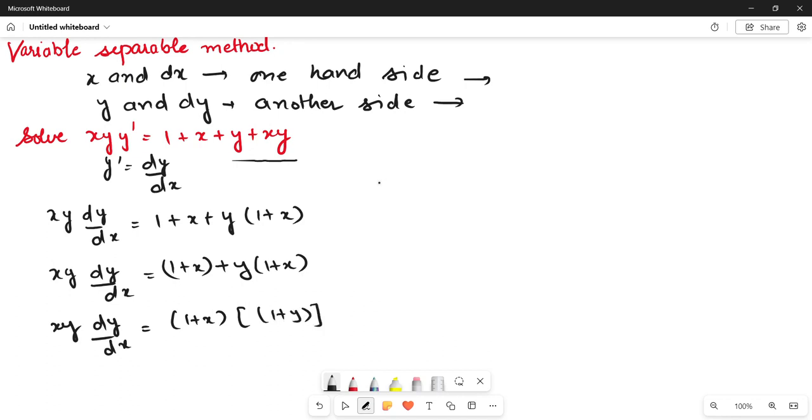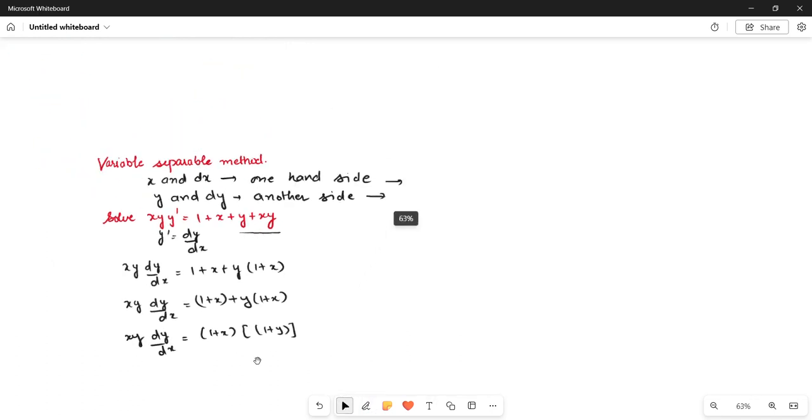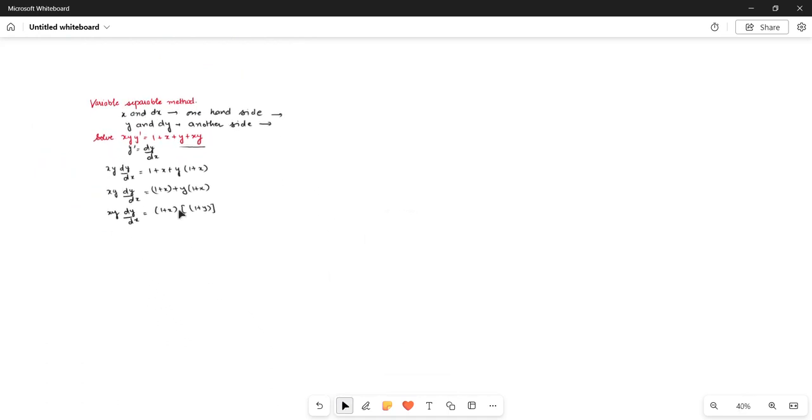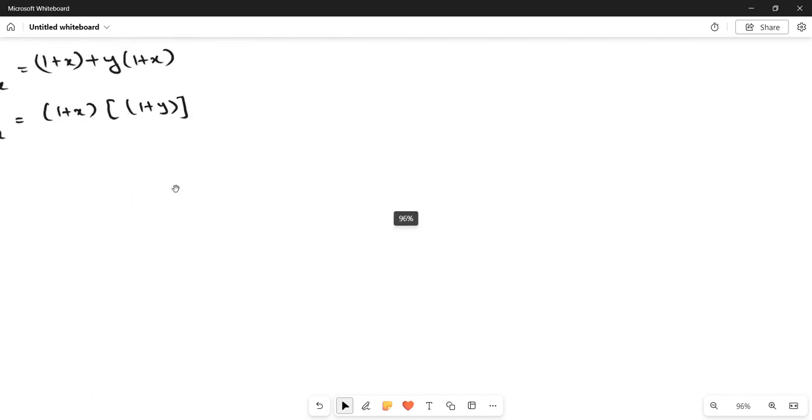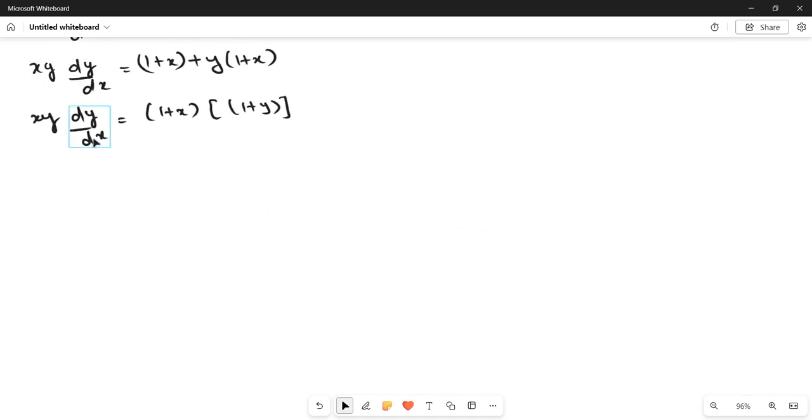Further, to solve this equation we have to use the variable separable method. We will make the terms containing x on one hand side and the terms containing y on the other hand side. Here there is a dy and a term y, so we will write y dy divided by 1 plus y.